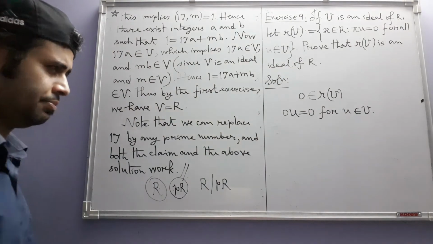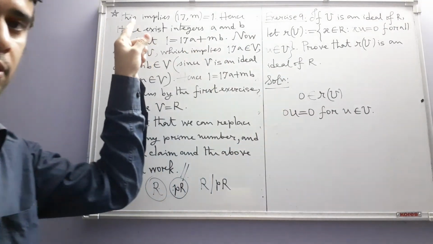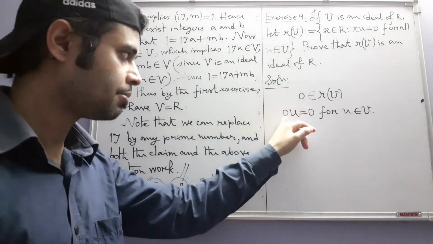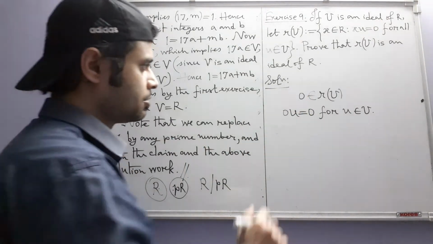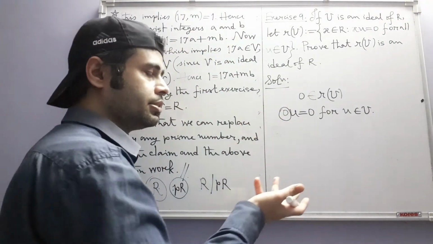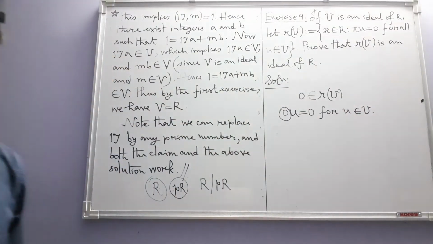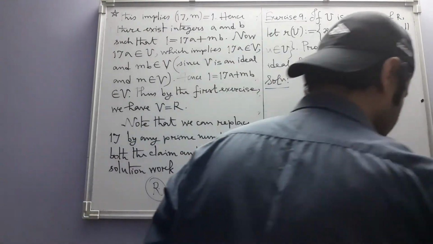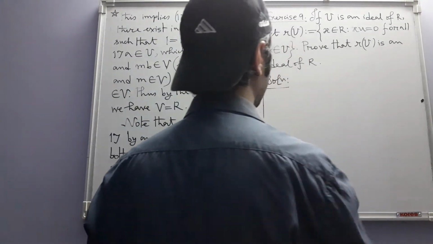This is from the fundamental lemma that we started with: you multiply the 0 element by any element, you get the 0 element back. So that means 0 belongs to RU, and as such RU is a non-empty subset of R. Okay, so now we start showing that RU is a subgroup of R under addition.